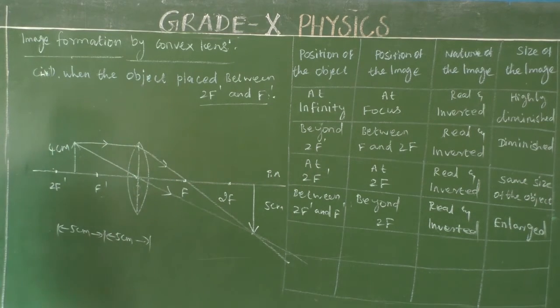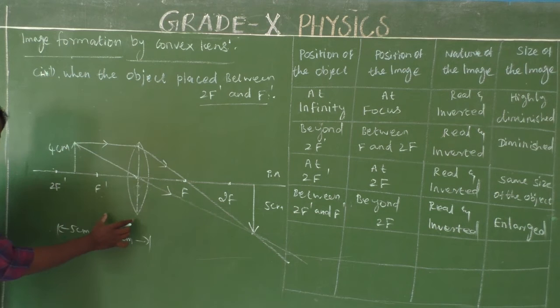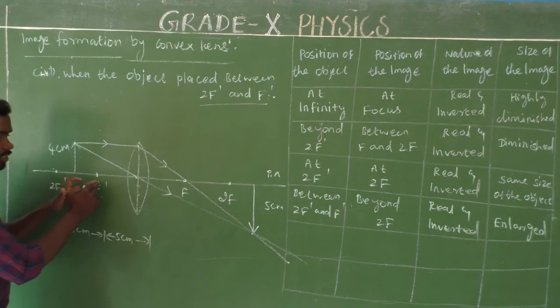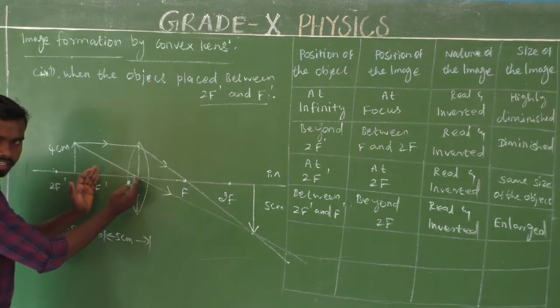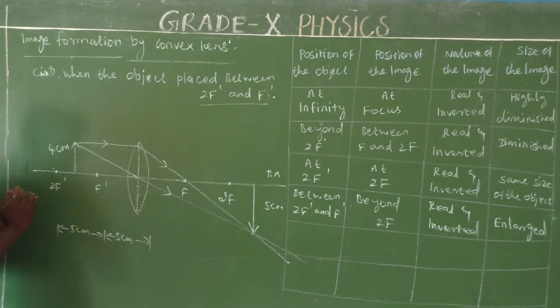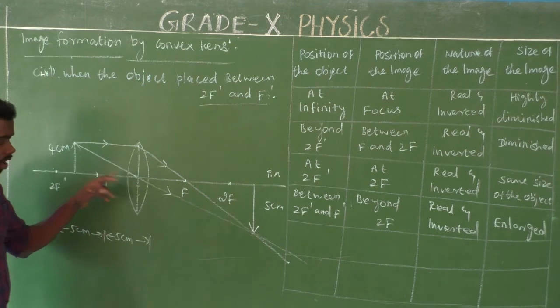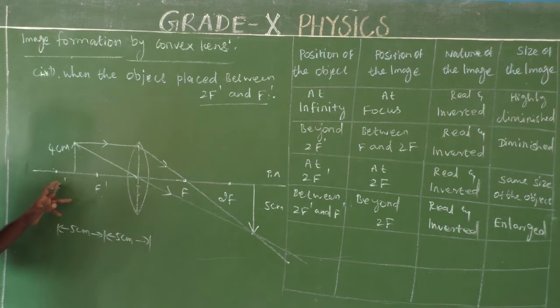Look here, the focal length value is 5 centimeter, the distance between optical center and focus. We already know OF dash is equal to F dash 2F dash, so if it is 5 centimeter, then that is 5 centimeter. The distance between optical center O and 2f dash should be 10 centimeter.